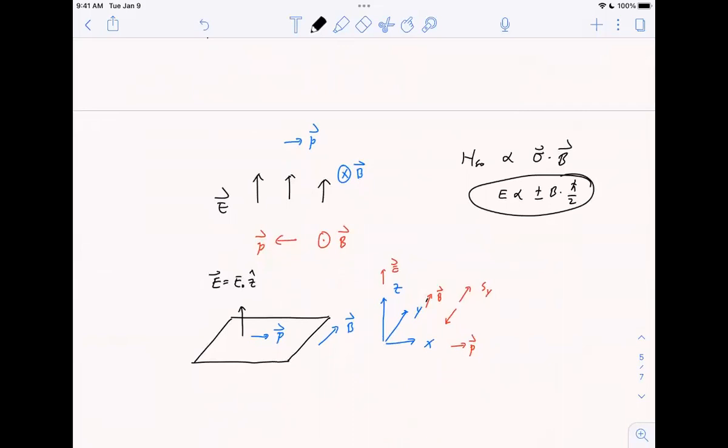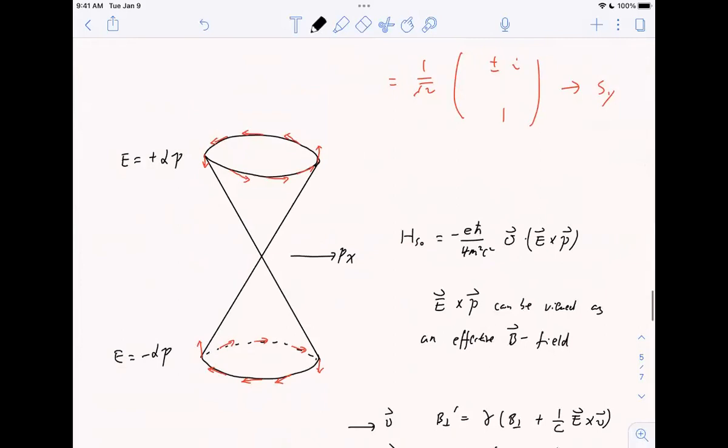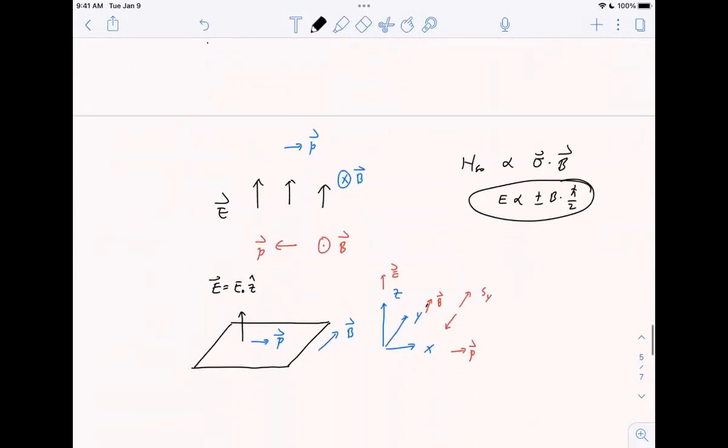And if you rotate, you change the direction of the momentum, then the spin will rotate accordingly. And they're always perpendicular to each other. So that's why you have a cone like this.